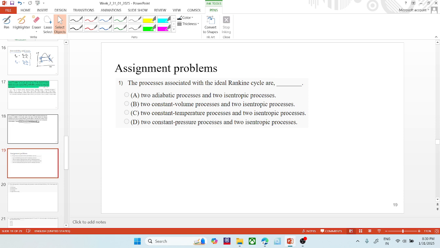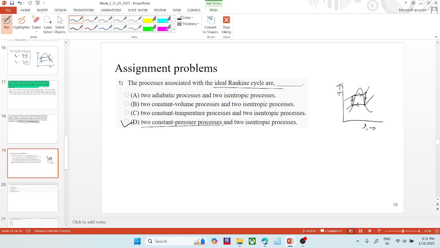Next, let me solve this assignment problem for you. We will do it quickly. It also has some numerical problems. The process associated with the ideal Rankine cycle: we have learned that the ideal Rankine cycle has two constant pressure and two isentropic processes on the TS diagram. So option D would be correct.